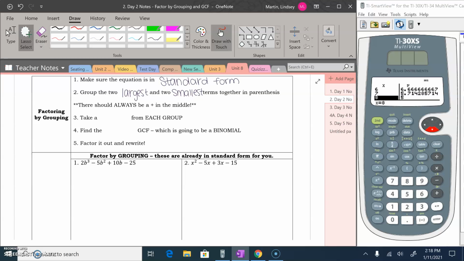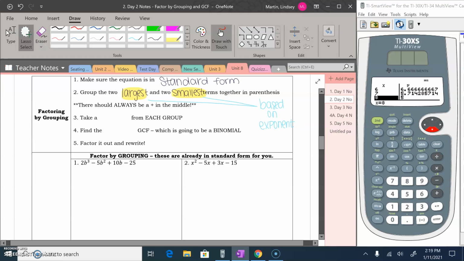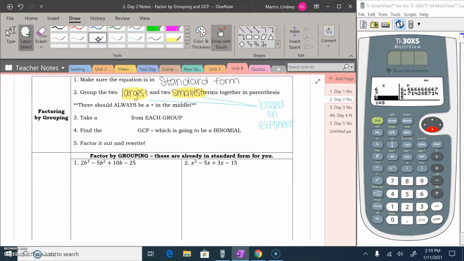Largest and smallest, in this case, is going to be based off of the exponent. There should always be a plus sign in the middle of your two groups.